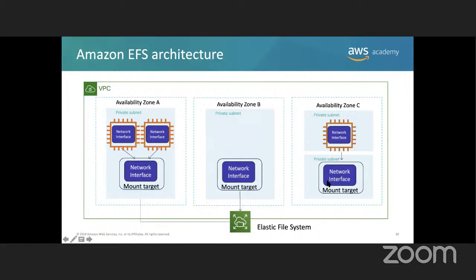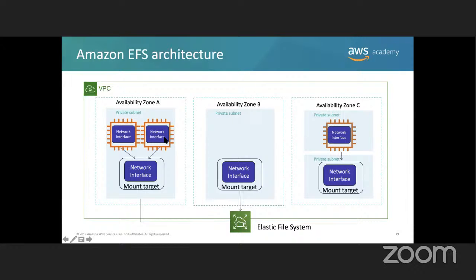So when it's mounted there, then all of the instances in every single availability zone right here can access this network interface. Of course, when you create an EC2 instance, a network interface is created. This represents an EC2 instance. So all of these EC2 instances here can access this shared file system.